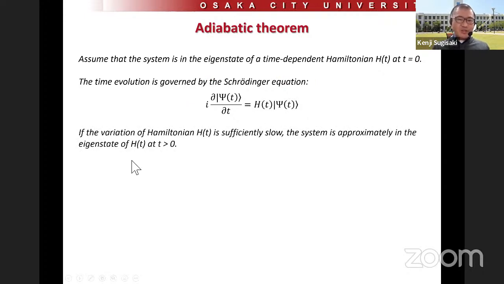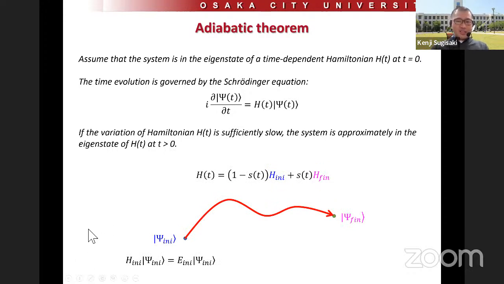If the variation of the Hamiltonian H(t) is sufficiently slow, the system is approximately in the eigenstate of H(t) at time t. So basically, if the change of the Hamiltonian is very slow, the quantum state stays in the eigenstate of the instantaneous Hamiltonian. This is the adiabatic theorem.